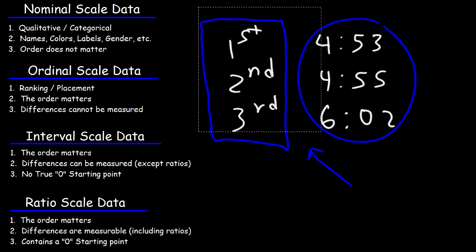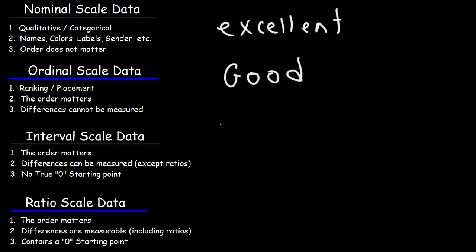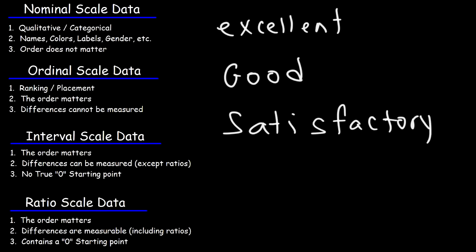So let me give you another example of an ordinal scale data. So let's say if we're ranking experiences, and let's say the options are excellent. The second one is, let's say, good. The third is satisfactory. And let's say the last one is just bad. In this case, we can't really measure the difference between excellent and good. However, we can assign them values.